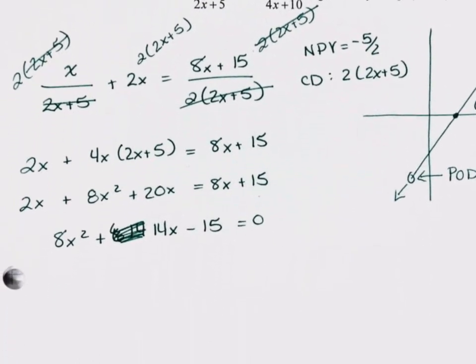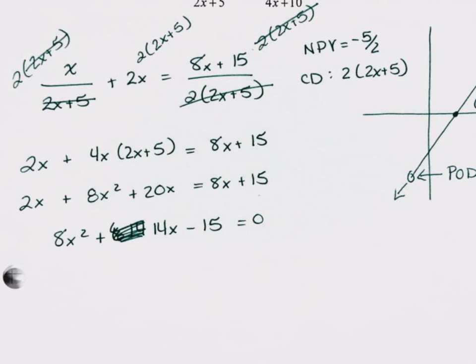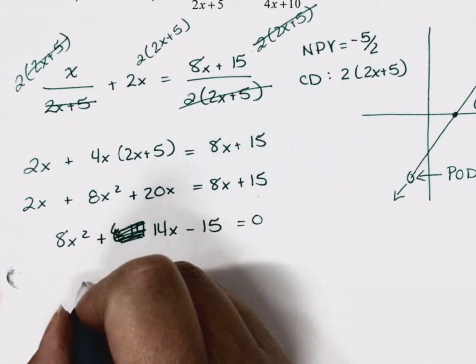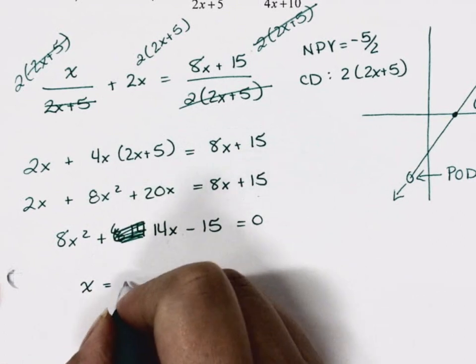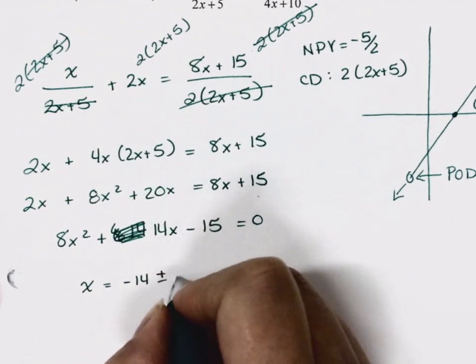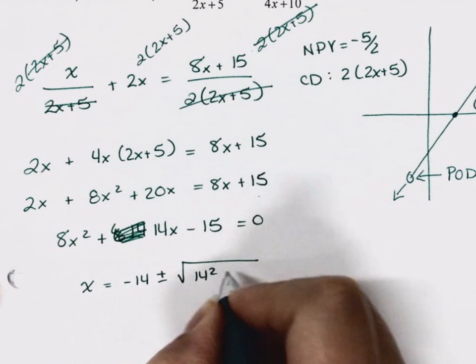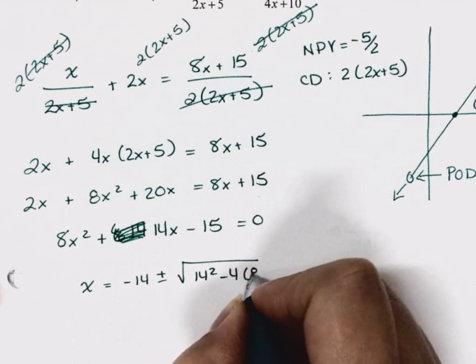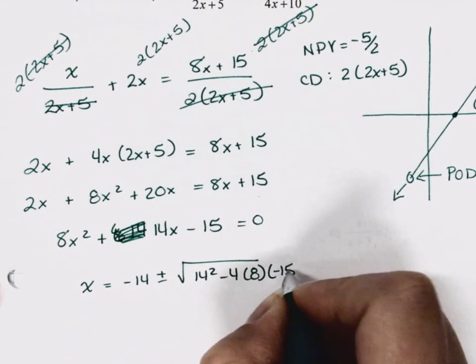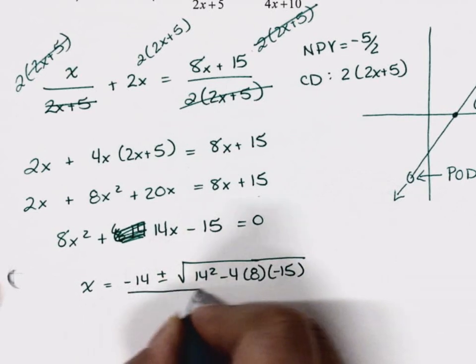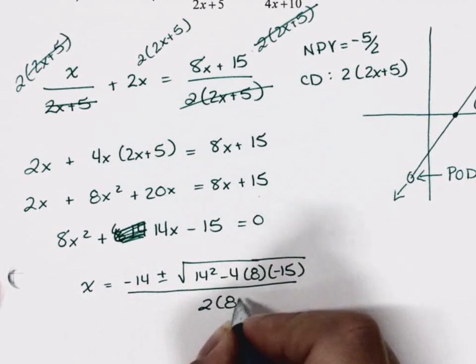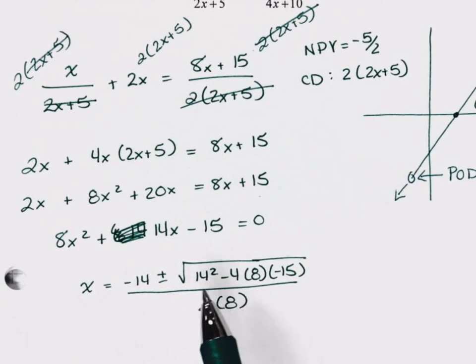Did everybody get that for their quadratic? Yeah? And if you go ahead and solve it, I just want to remind you that when you're doing the quadratic formula, it's all divided by 2a.